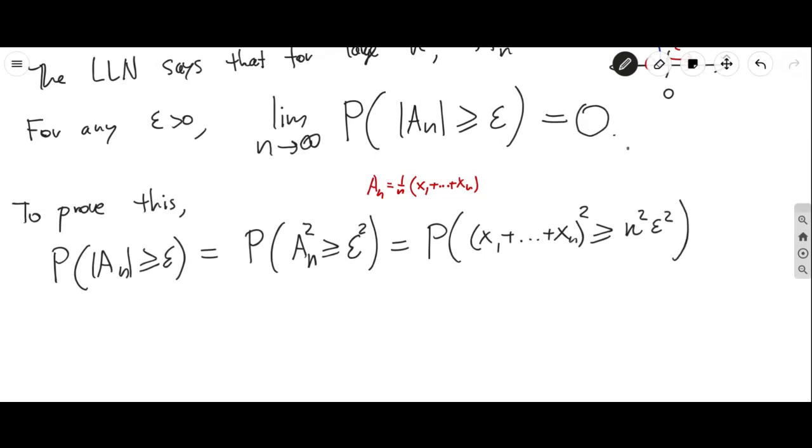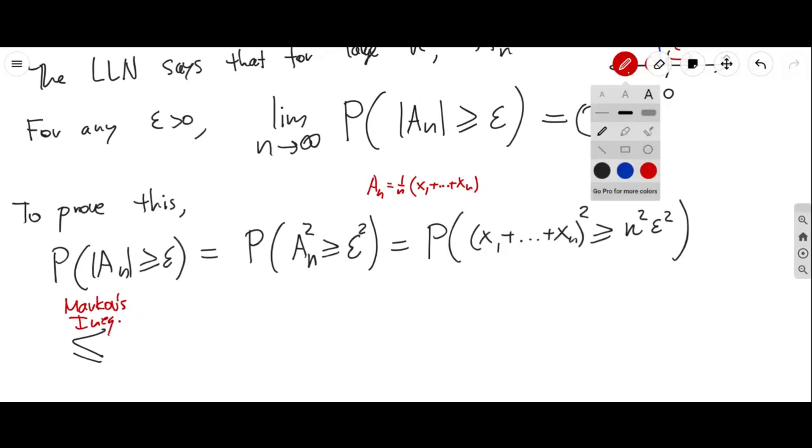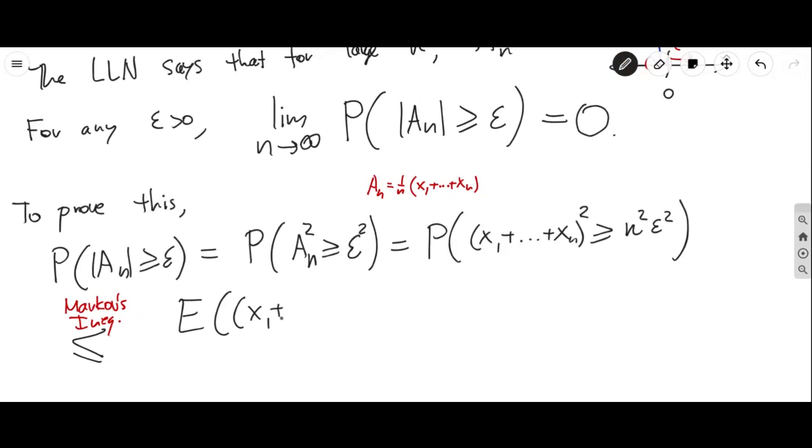That's what we end up with. And now we're going to use Markov's inequality. This is going to be bounded by the expectation of that sum divided by the tail.